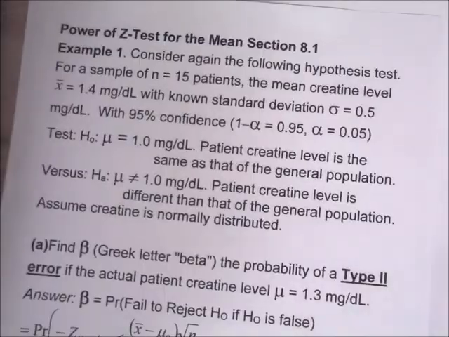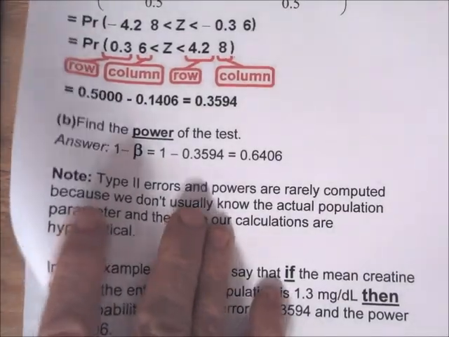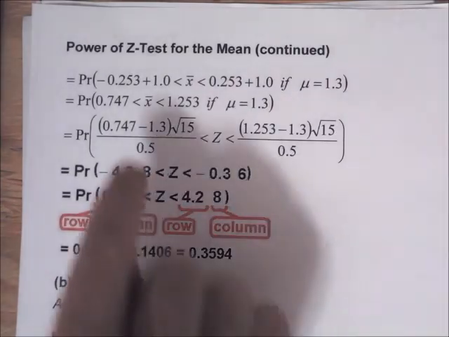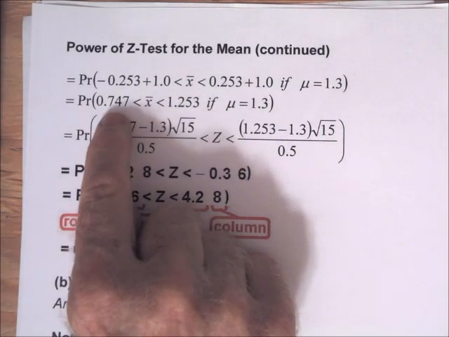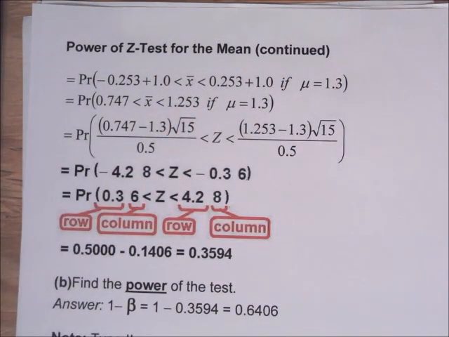Then we can add 1.0 to all sides of the inequality and get the probability x bar is between 0.747 and 1.253, and now we want to plug in the number for mu.